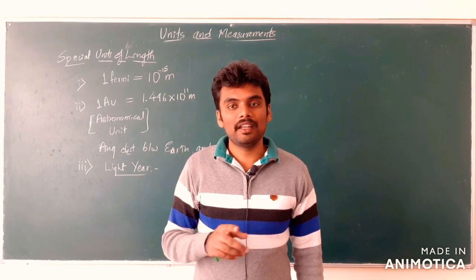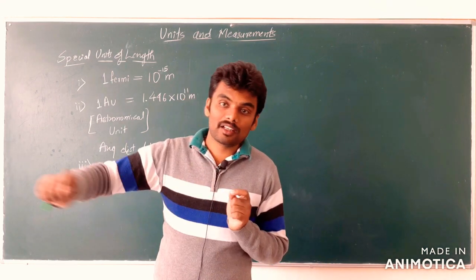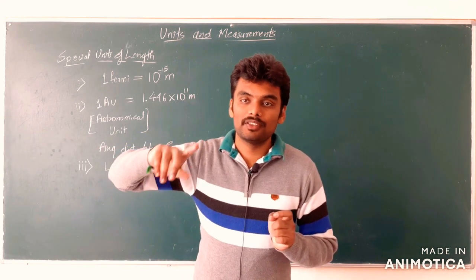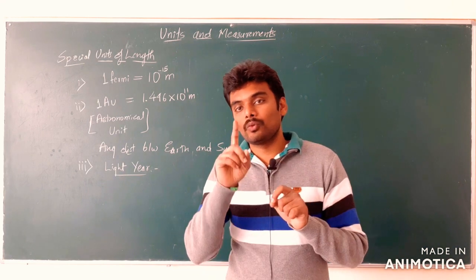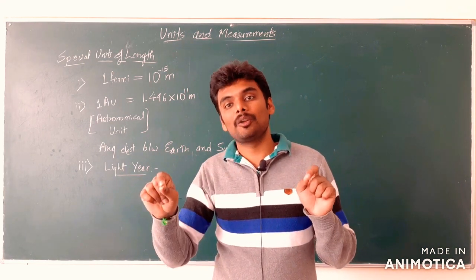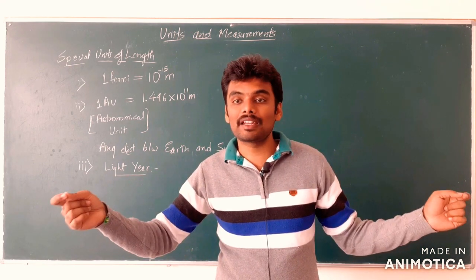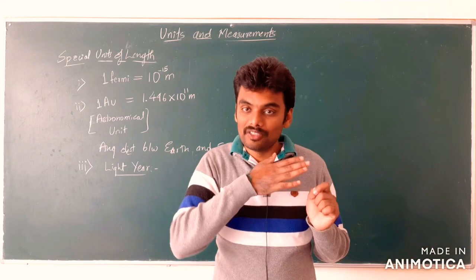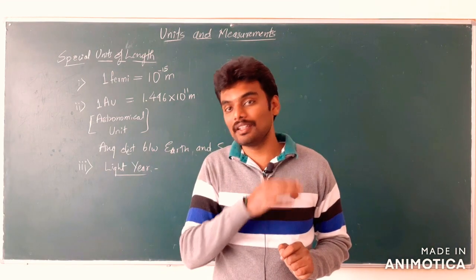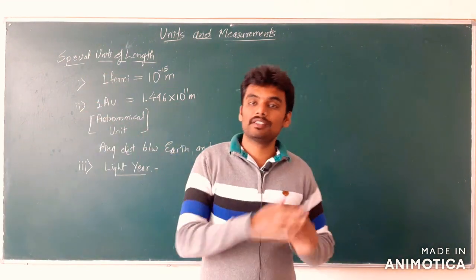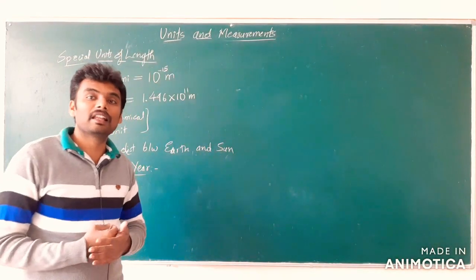If light keeps on traveling with that huge speed for 1 year continuously, now try to visualize the length. If light travels for 1 second, it covers 3 lakh kilometers. For 2 seconds, 6 lakh kilometers. For 3 seconds, 9 lakh kilometers. Similarly, if the light keeps on traveling for 1 year continuously, then the huge distance it covers is taken as light year.